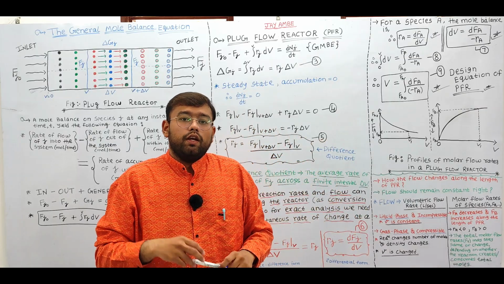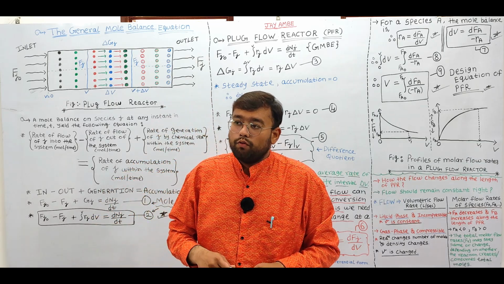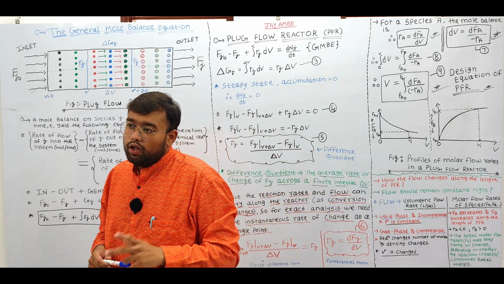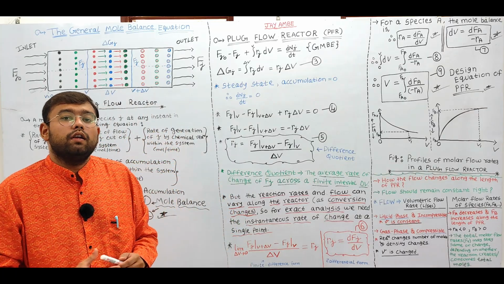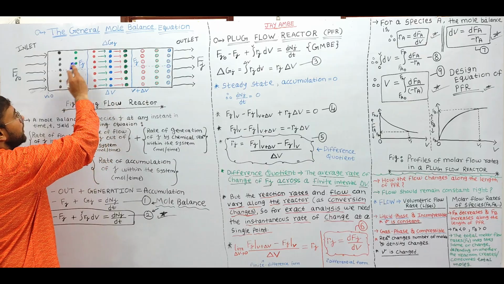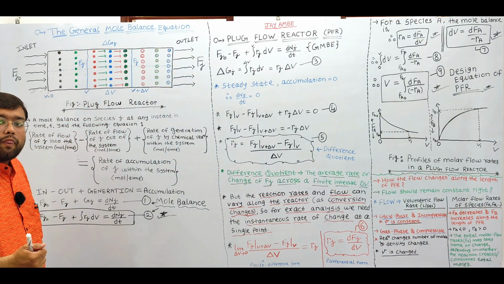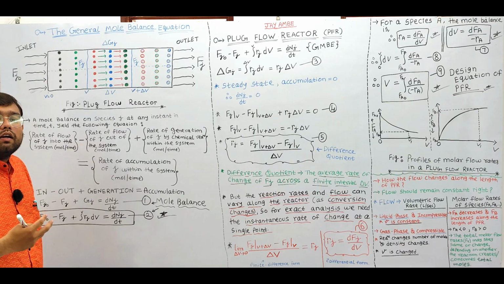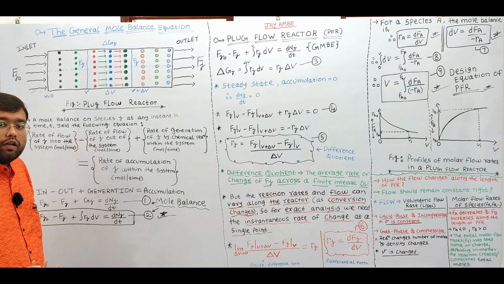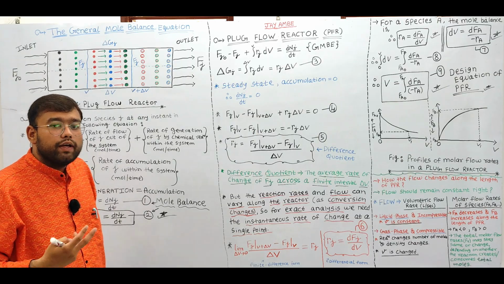In volumetric flow rates also we have two cases. First of all, this is the reaction environment. We could be practicing a vapor phase reaction or a liquid phase reaction.